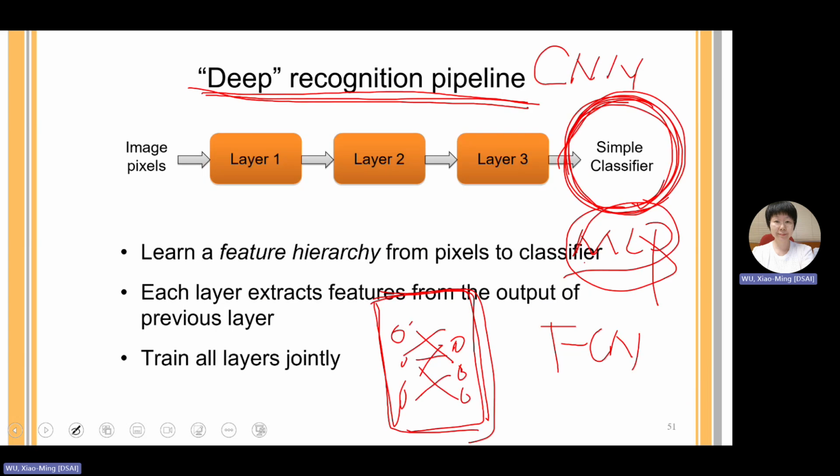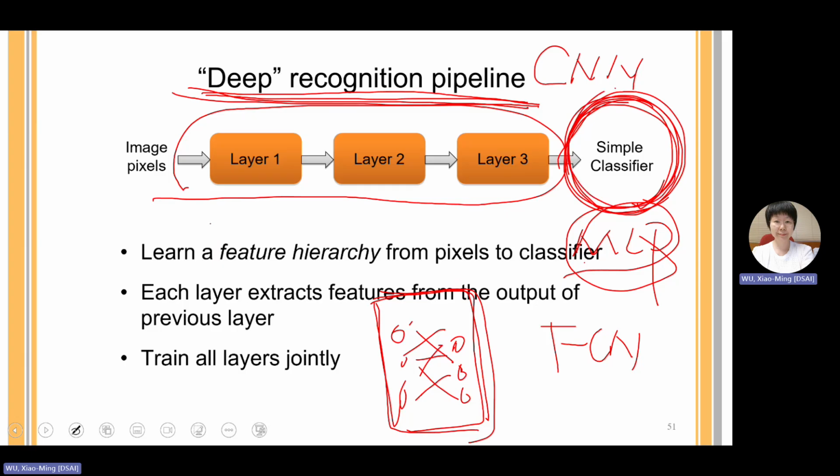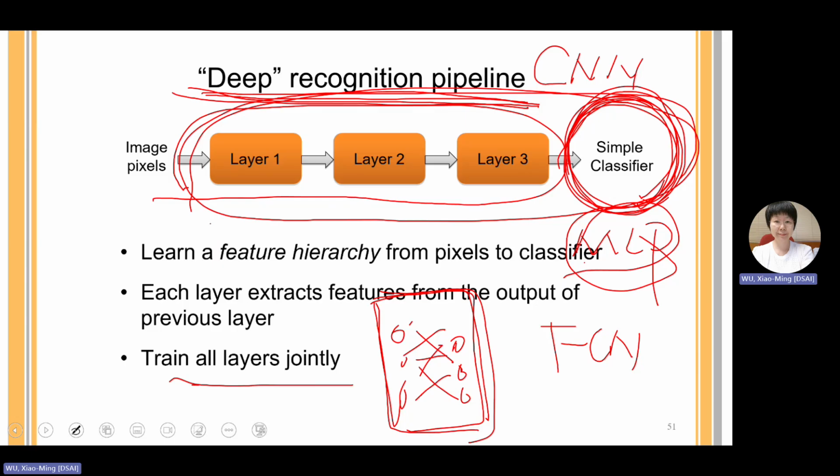But in the deep recognition pipeline, the feature extraction layers, the convolutional layers, and the MLP are connected. They are trained together simultaneously, so they are trained jointly. That's one key difference.